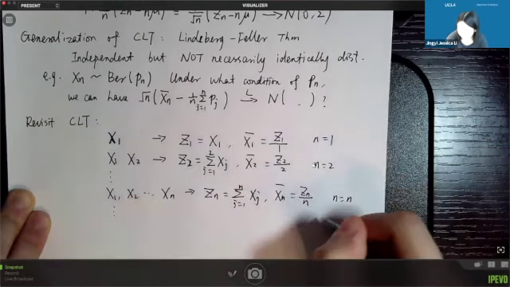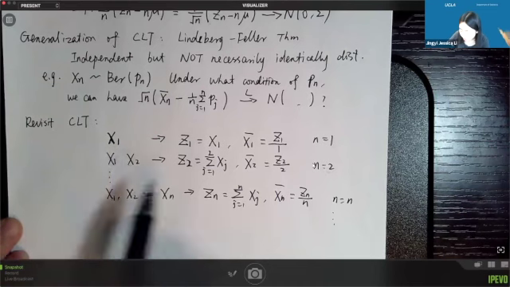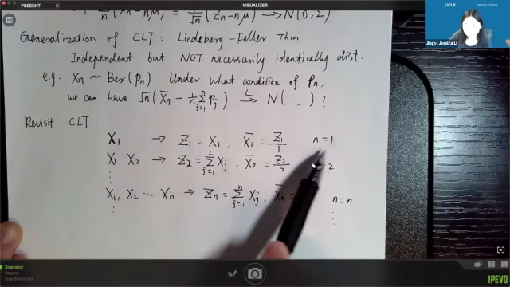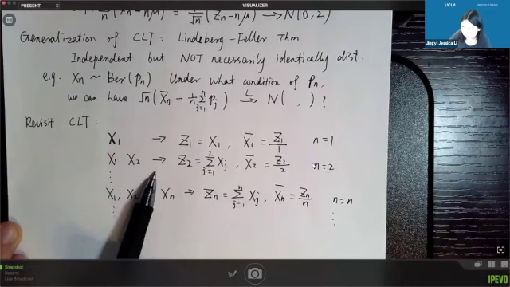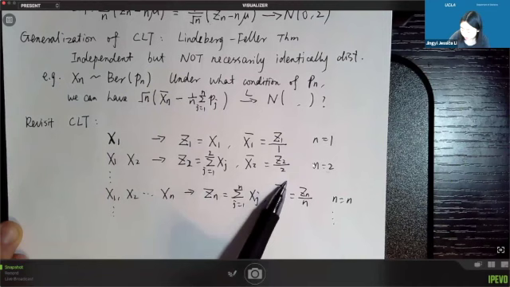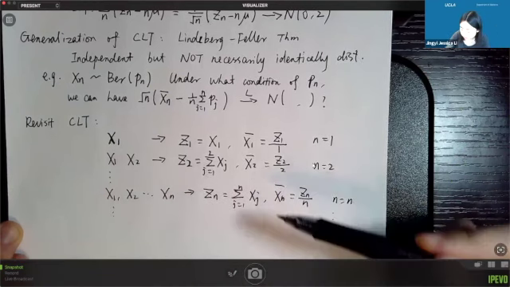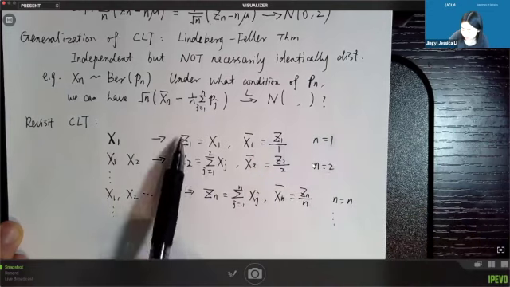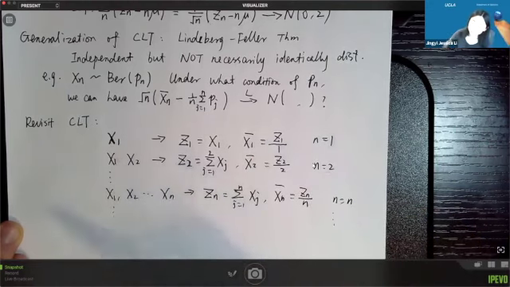So you see that we can use this triangular array. Basically, every line corresponds to one value of n. Based on the random variables in this line, we can define its partial sum and the partial average. So basically, the central limit theorem is describing the behavior of the sum or the average as we go down the rows. That's the central limit theorem.